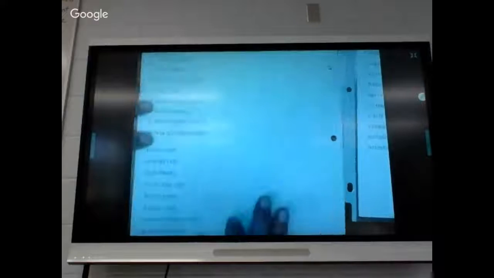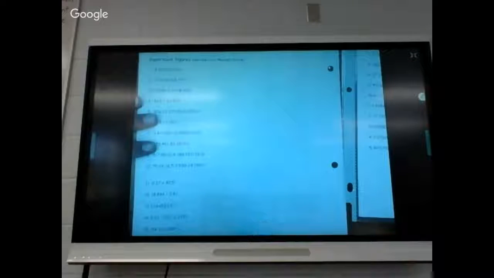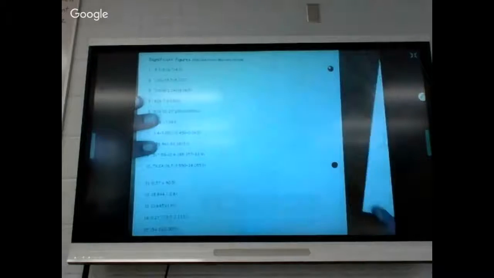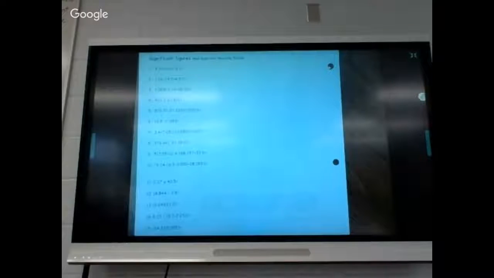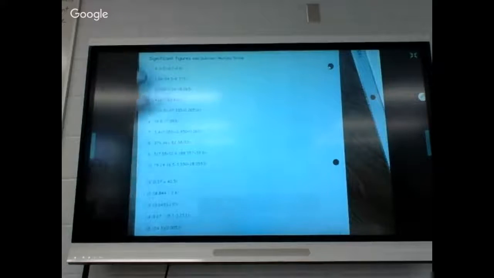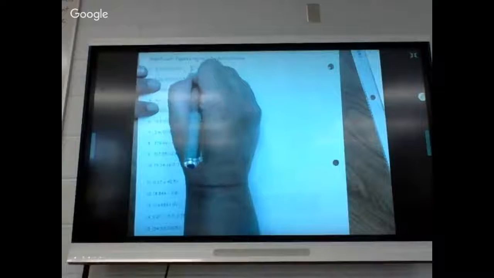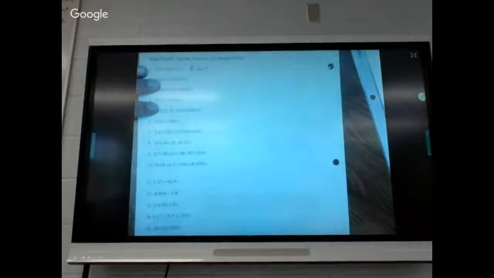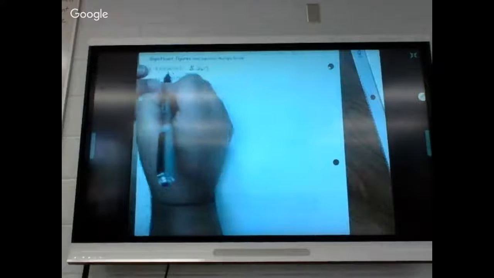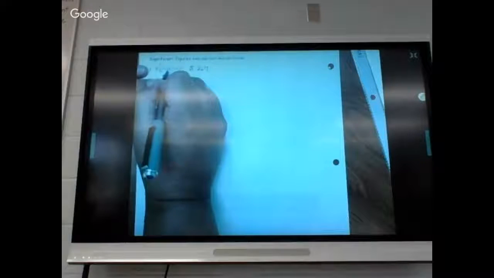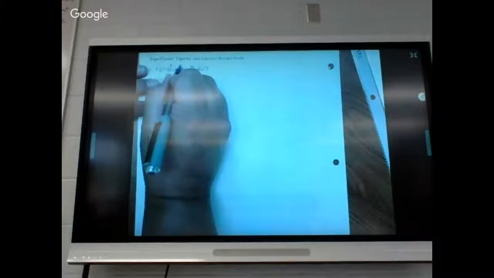So on the back, question 1. You have an answer of 18.267. Now we're adding. So we have 1 place behind the decimal, 3 places, 1 place.